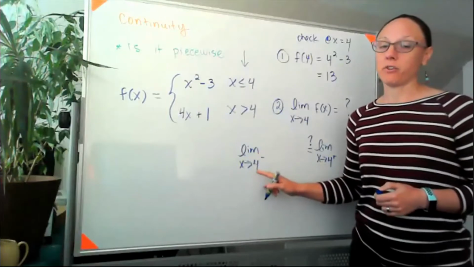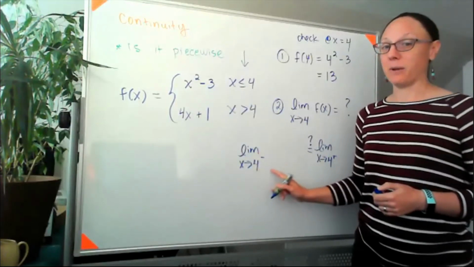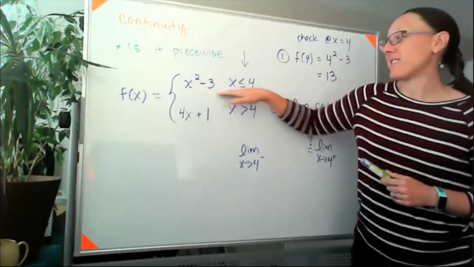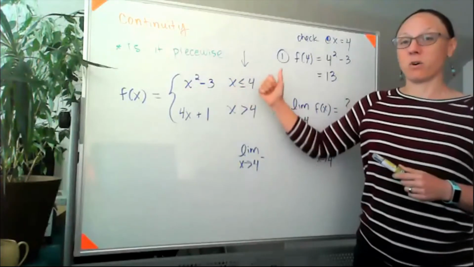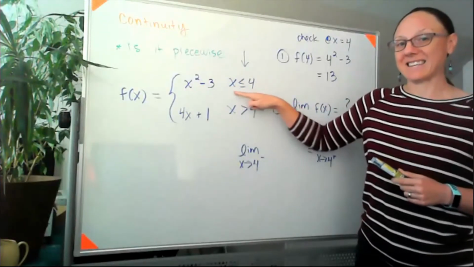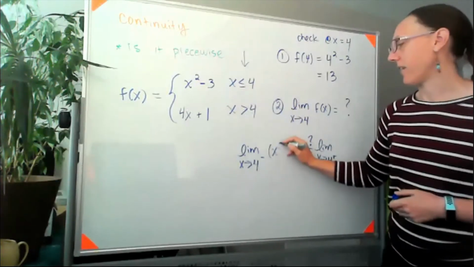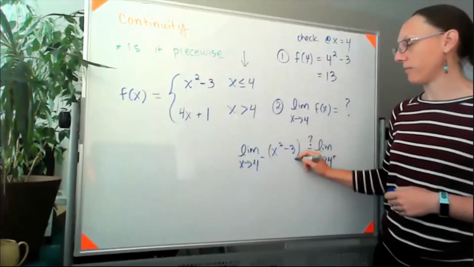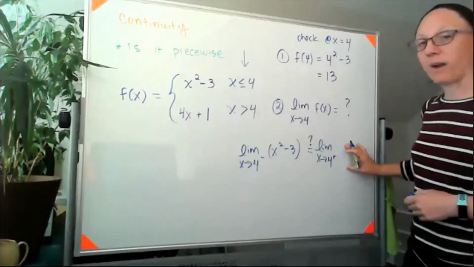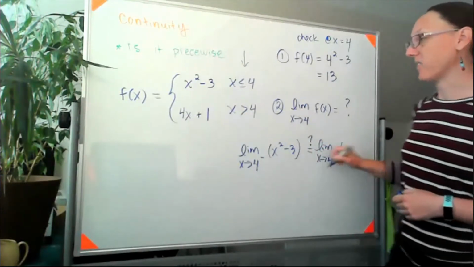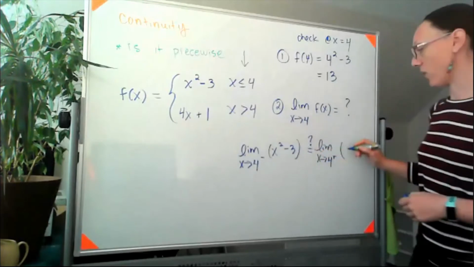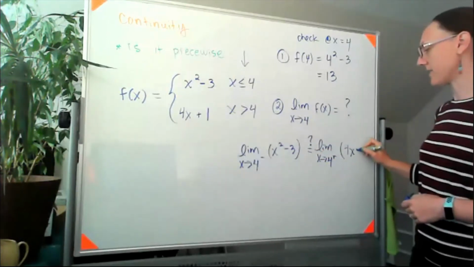So if I'm looking for the realm of 4 minus a little bit, then that's going to be this top piece. Because if I was at 4, but I subtracted a little bit, then x is less than 4. So in here, I'd have that x squared minus 3. Coming from the right-hand side, or 4 plus a little bit, that's the other part of our piecewise. So 4x plus 1.